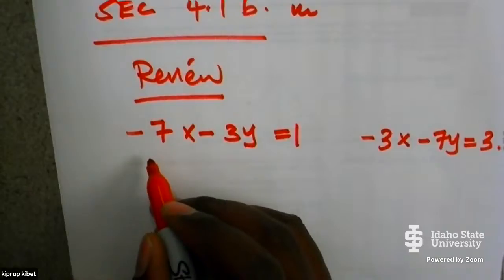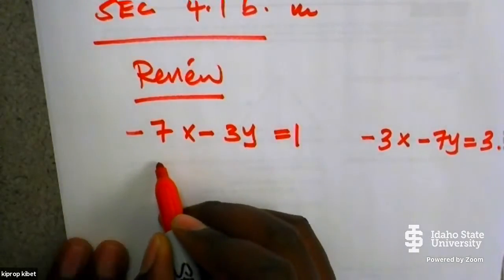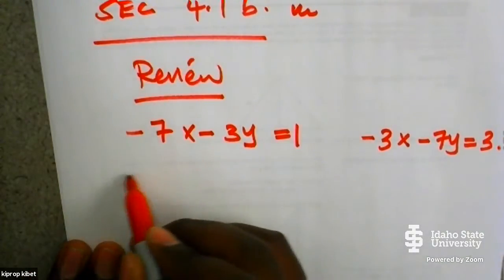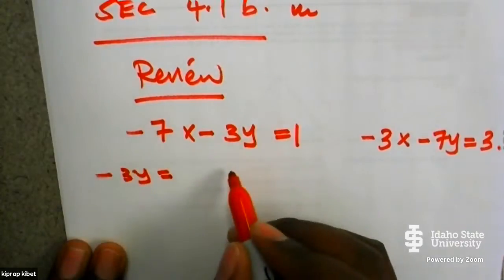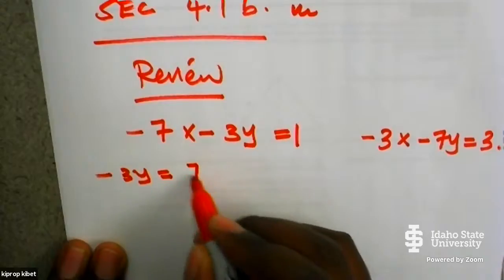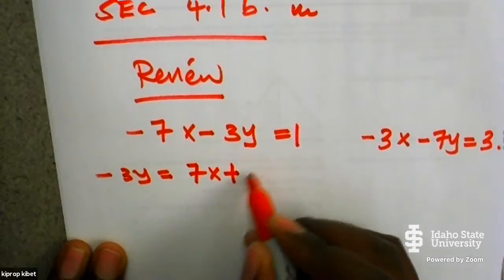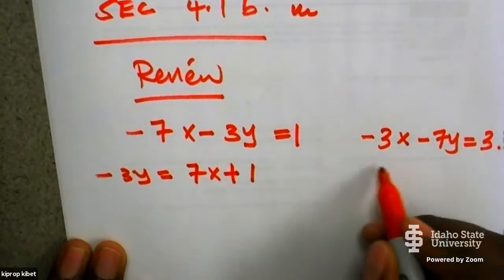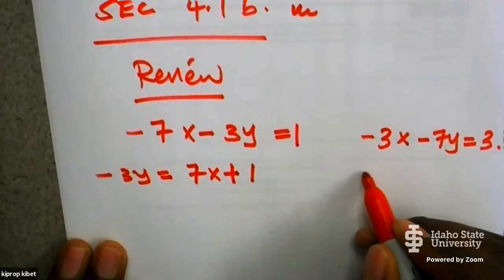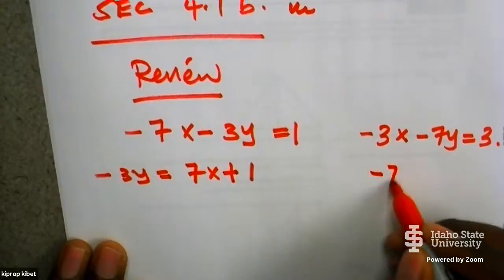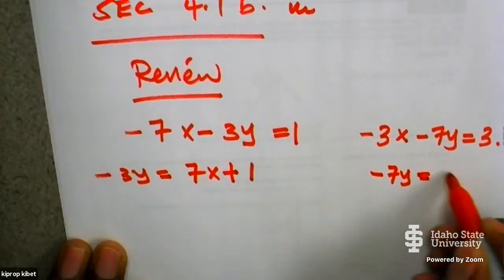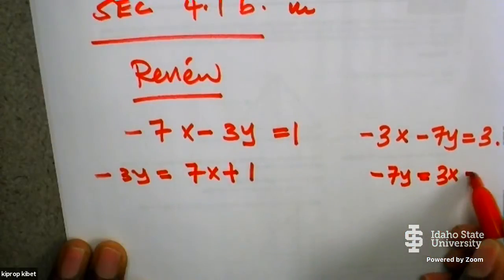If we start from the first one, then what do you get? You get -3y equals, when you take -7x to the other side, 7x plus 1. This other one will be: you take -7x, then -7y equals 3x plus 3.